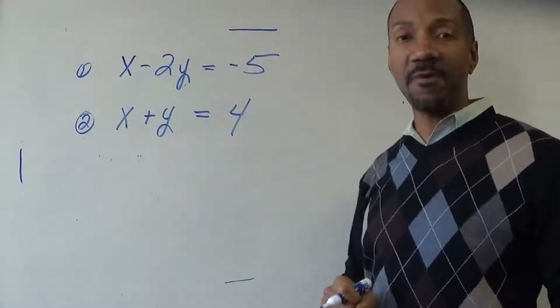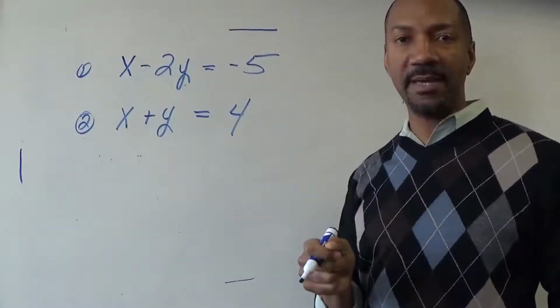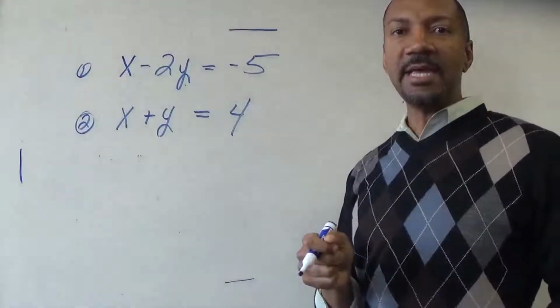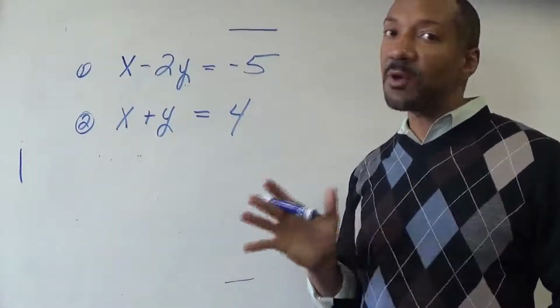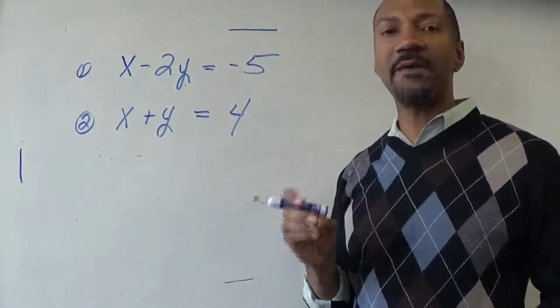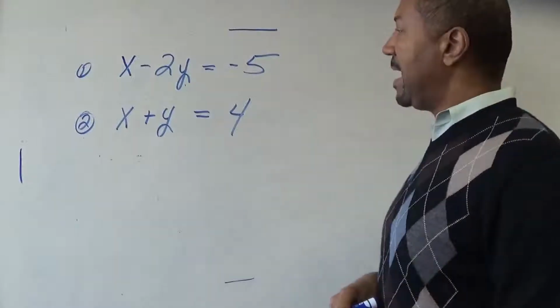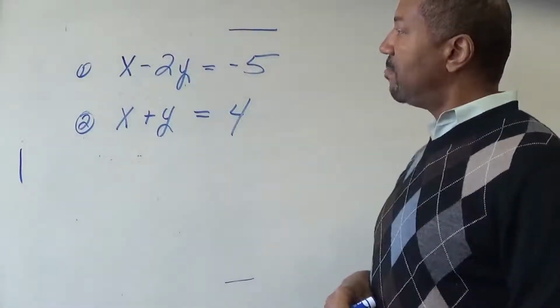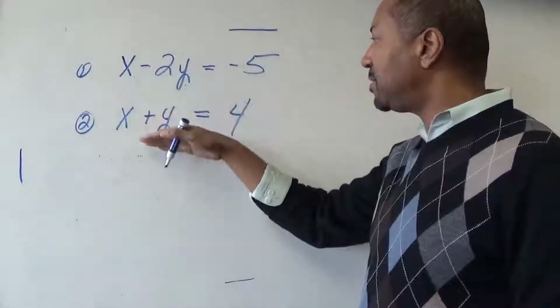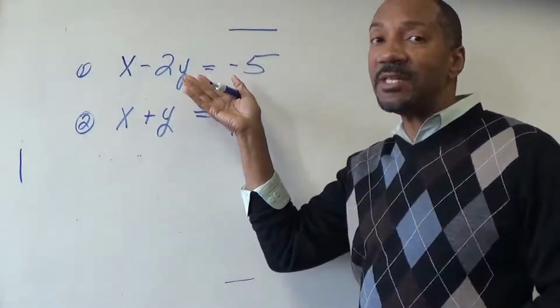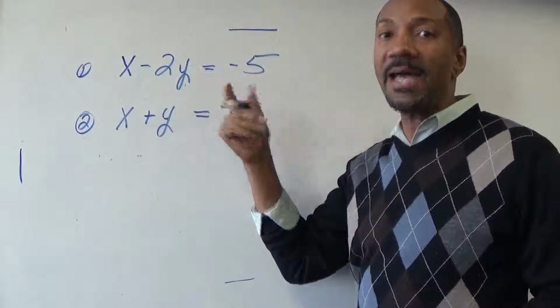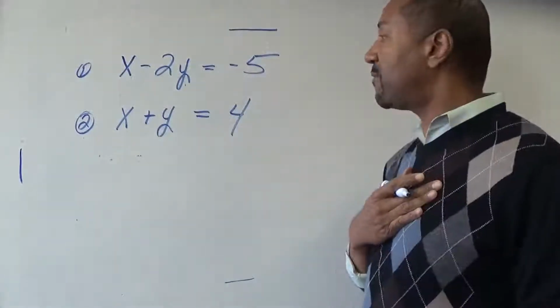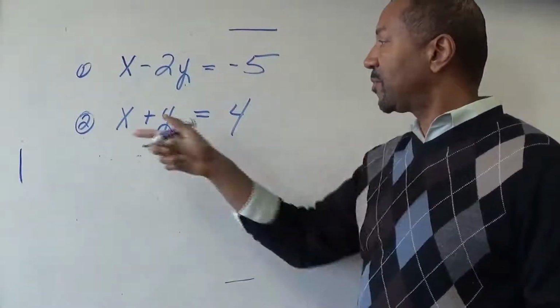As I said before, your first step using this method is to solve either equation for a variable. And it looks to me like in both equation 1 and 2 it would be very easy to solve for x. So I choose to solve for x.